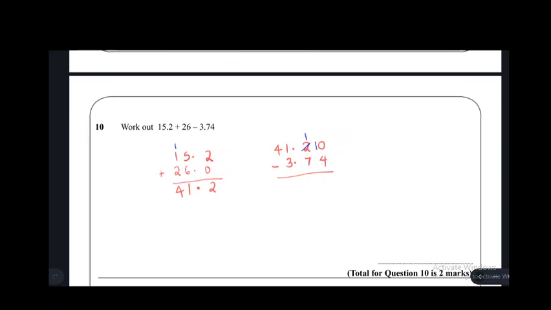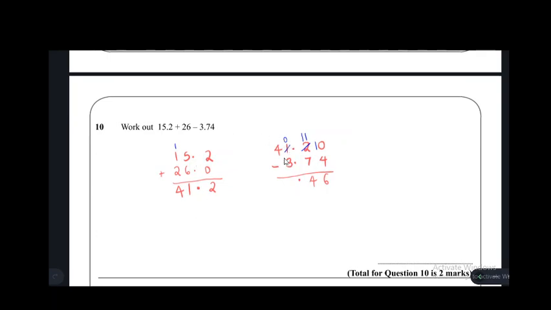So 10 take away 4 gives you 6, and then 1 take away 7 is not possible. Oh, so I go and borrow again. So when I borrow 1 here, I remain with a 0, a whopping 0, and then here it becomes 11. 10 plus 1 is 11. Okay, so 11 take away 7 is 4, right? That's right. So we put the decimal place right there.